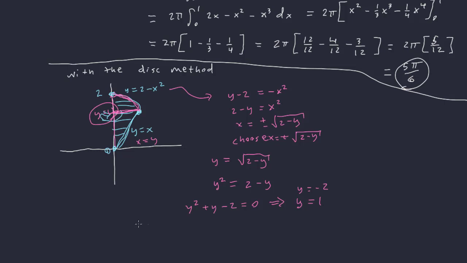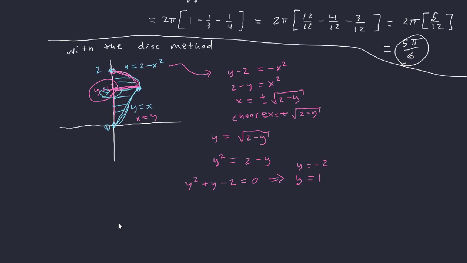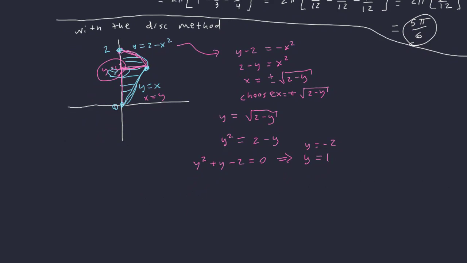Okay, so to set up the volume with the disk method, I would actually have to do two separate integrals, one here and one here, because I would need to do pi times the integral from 0 to 1 of, and here is our right side here.